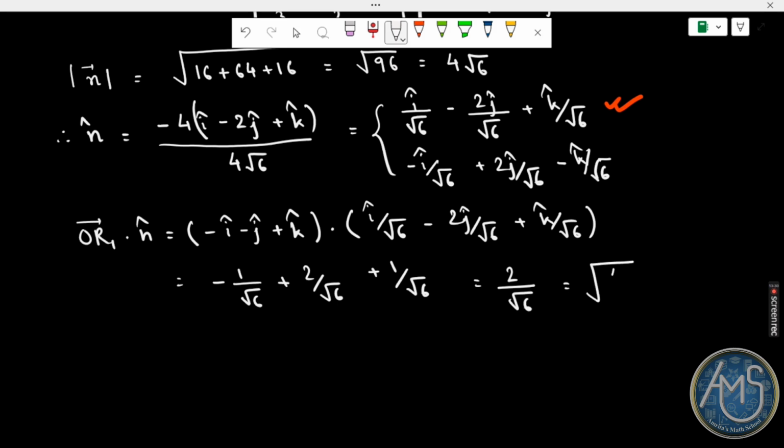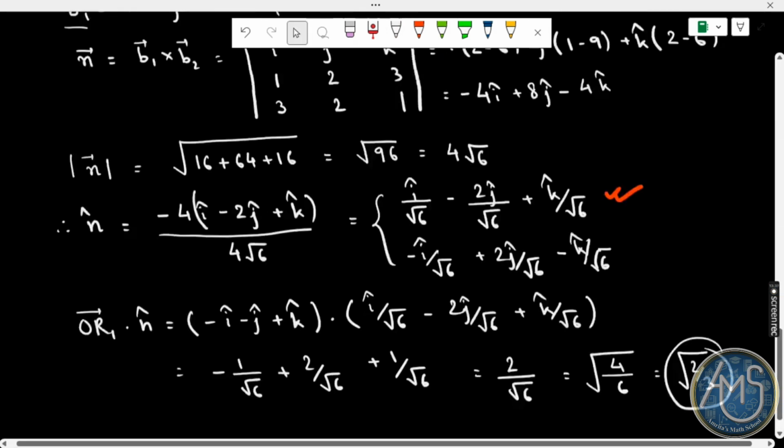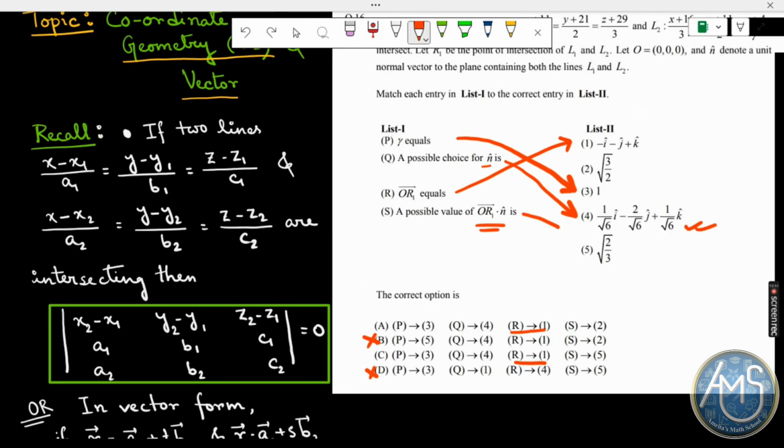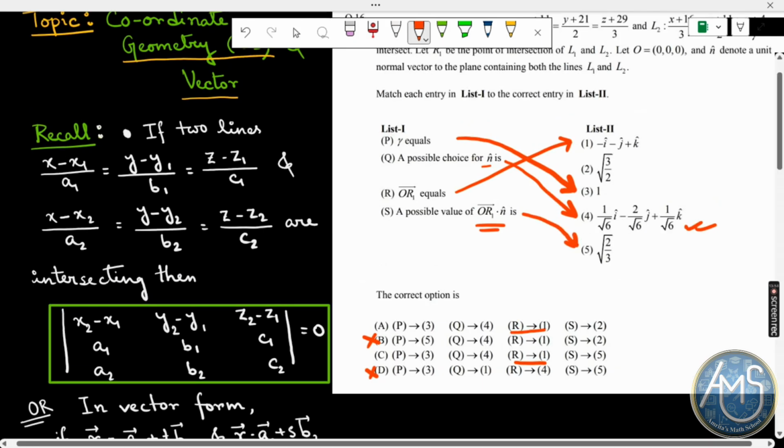That means root under 4 by 6, which is root under 2 by 3. So lastly, S implies option number 5.